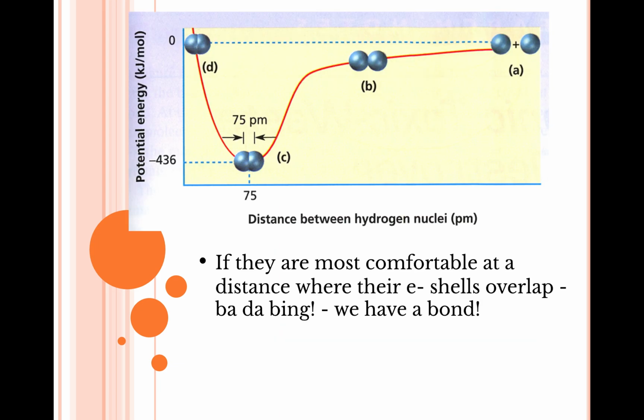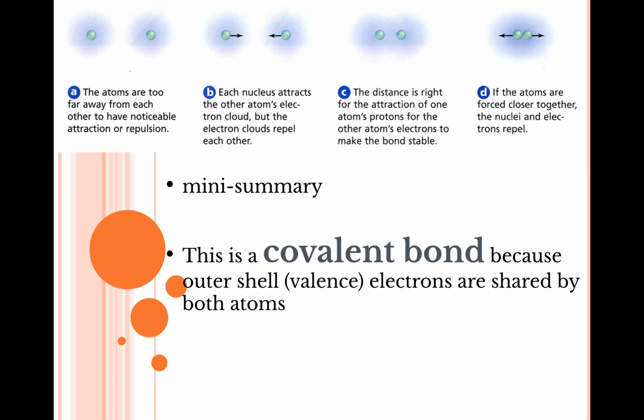This is showing, again, you don't need to memorize this picture, but there's a perfect distance where those electron shells, the blue part in the picture before, overlap, and that is considered to be a shared covalent bond. And up top, we see if the atoms are too far away, you're going to notice an attraction or a repulsion based on what they're made of.